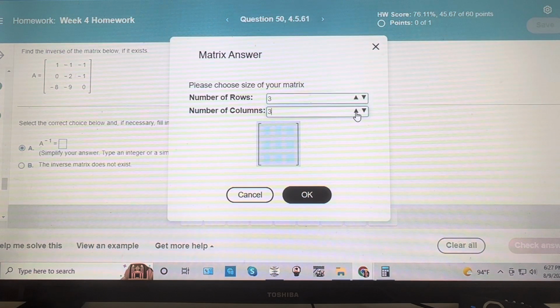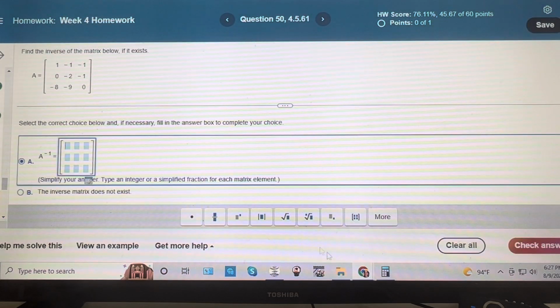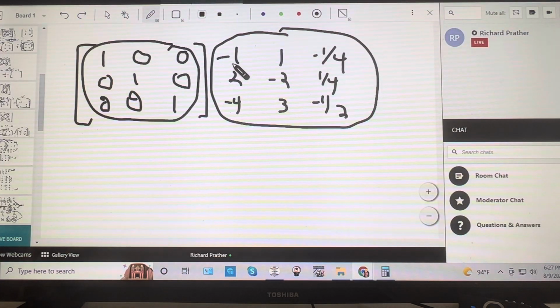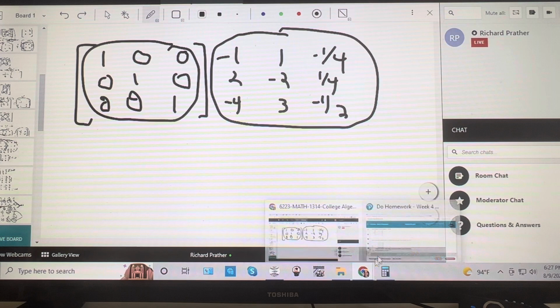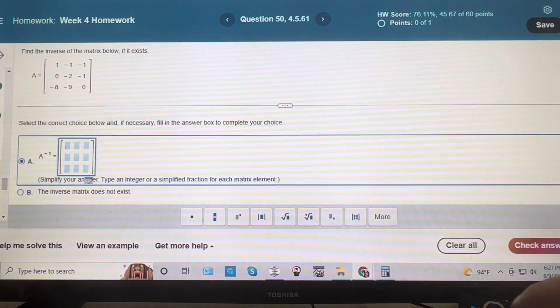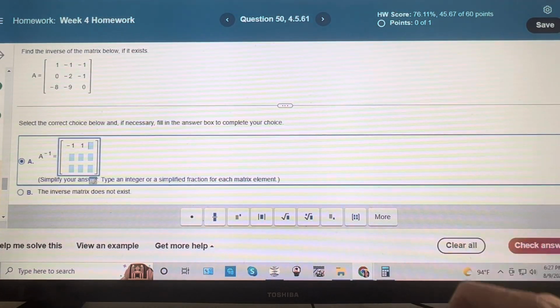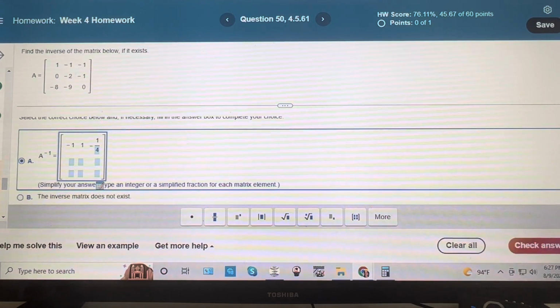And now it relates to those other problems 29 and 30 that I messed up number 29 on yesterday. Okay, so it's negative 1, 1, and negative 1/4. Negative 1, 1, and negative 1/4.